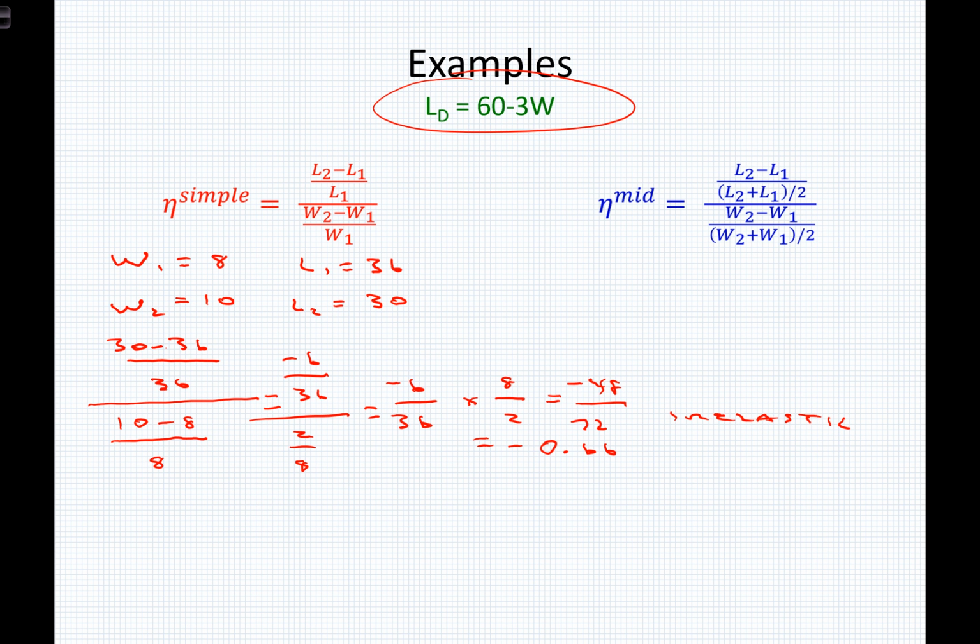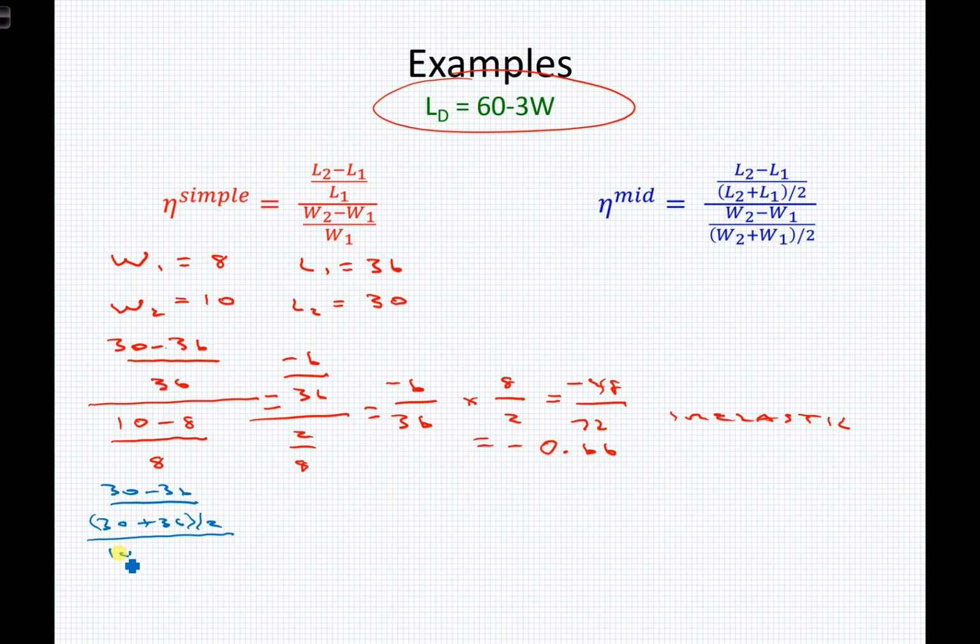Well, let's use these same values and plug this into the midpoint formula and see if we receive any different value here. So now we'll look at 30 minus 36 divided by 30 plus 36 divided by 2.